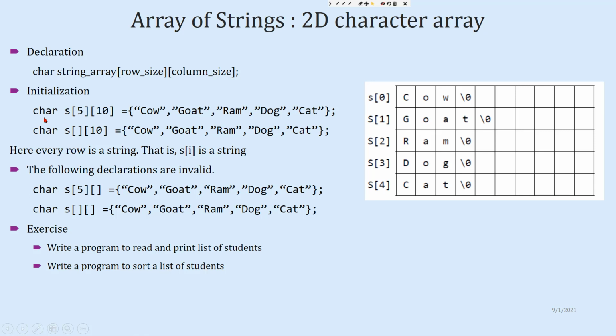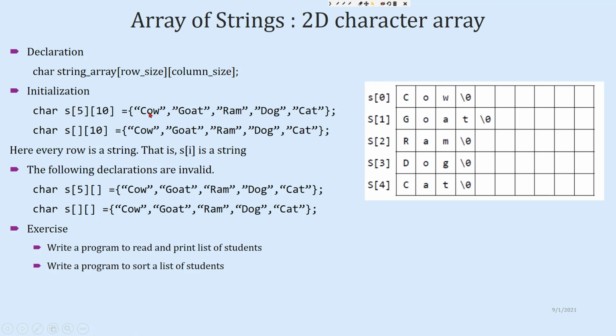So initialization. Here S of 5 of 10. The meaning is there are 5 rows and 10 columns. So here I have 5 rows from index value 0 to 4 and 10 columns. Inside that I have written cow within double quotes, goat, ram, dog, and cat within double quotes.